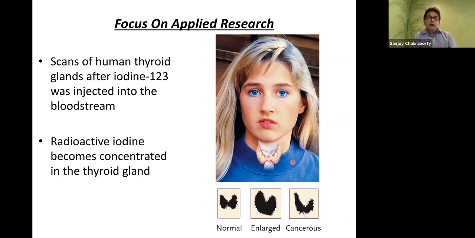Then they can use a higher energy isotope, like iodine 131. When those isotopes accumulate in the remaining tissue, they radiate energy which can destroy that tissue or cell, because that is what the doctor wants. They want to destroy those cancerous or defective cells. So there are a lot of uses of these isotopes in the medical field.